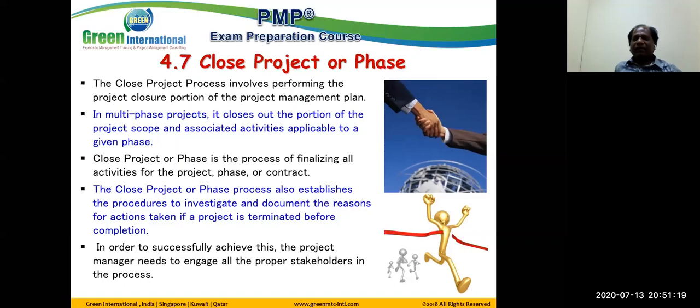Where we decide. What we spoke about the management plans. In the management plans, we are thinking about how we are going to plan, how we are going to execute, how we are going to measure the performance, how we are going to control. What will you do when the variances are within the control threshold? What will you do when the variances exceed the control threshold?